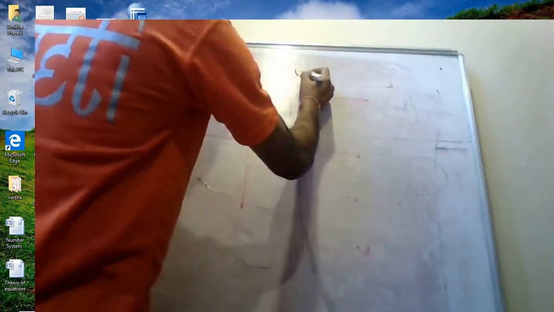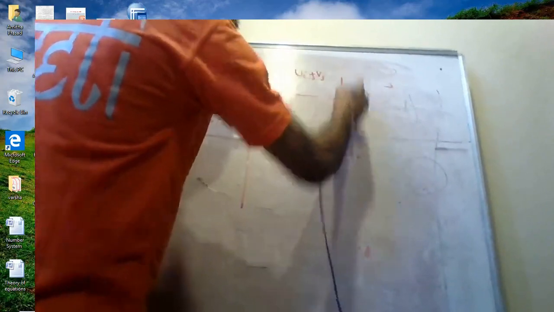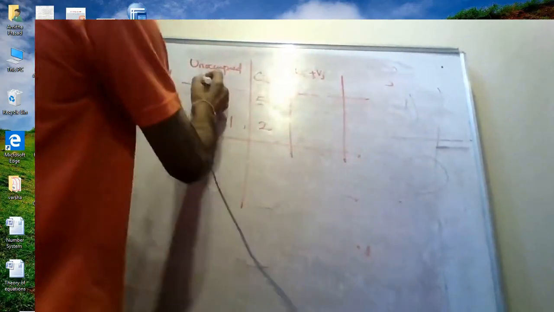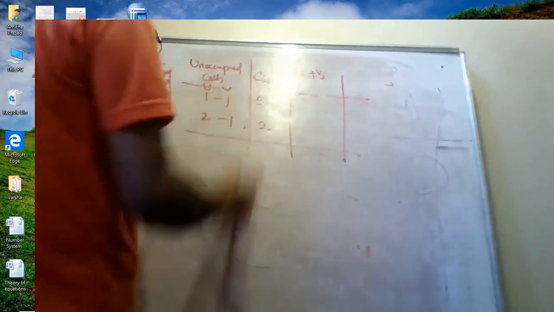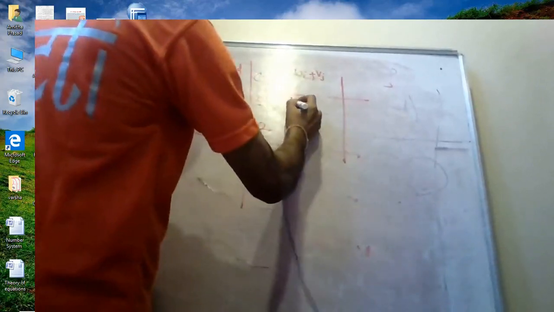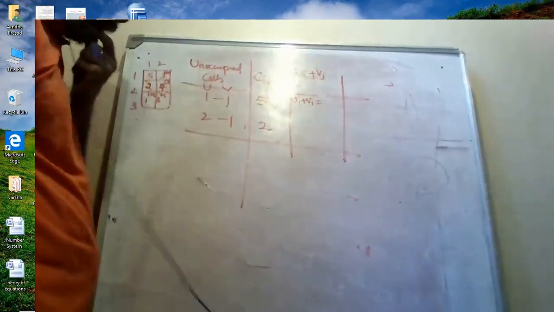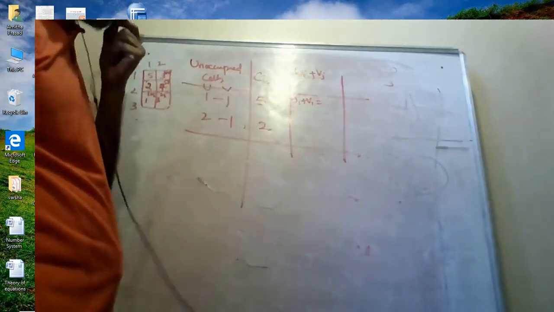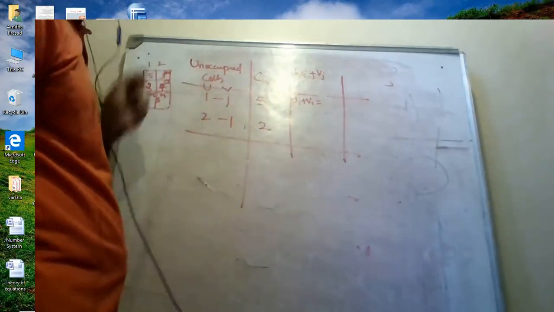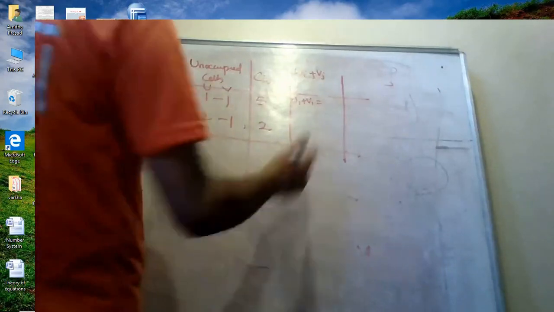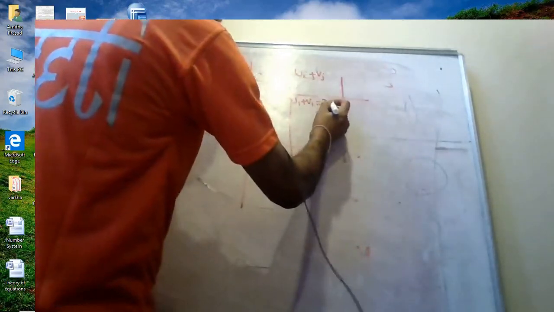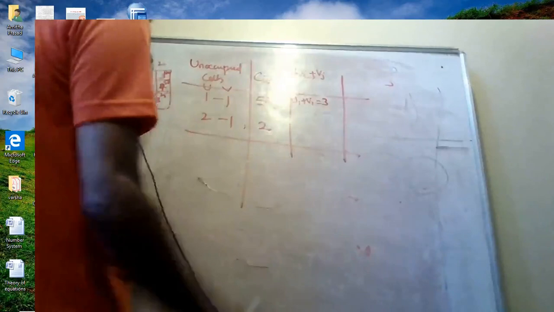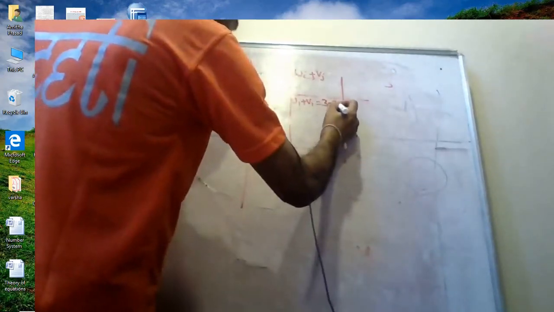Then ui plus vj. So this is u, this is v. So u1 plus v1. u1 is what? 3. We had calculated. v1 was minus 3, therefore 0.